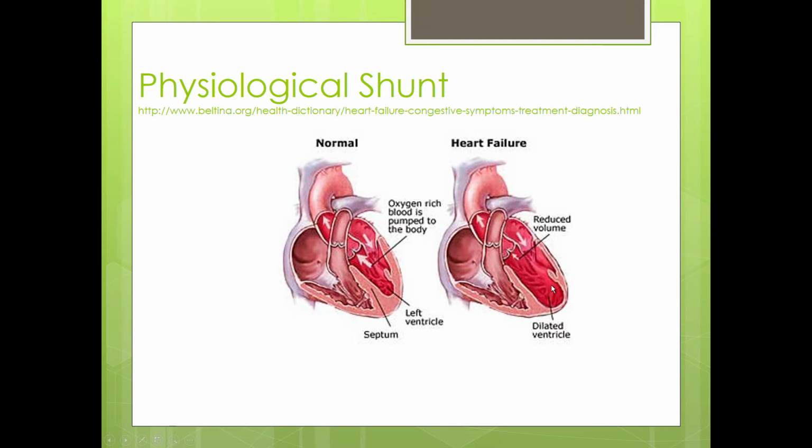Okay, dilated hearts don't pump very well. So what happens here is we've got reduced volume and a dilated ventricle, and we are not getting as much volume out of the heart as we should. So that means we have lesser volumes coming into the lungs, less blood coming into the lungs, and therefore less oxygen moving out.